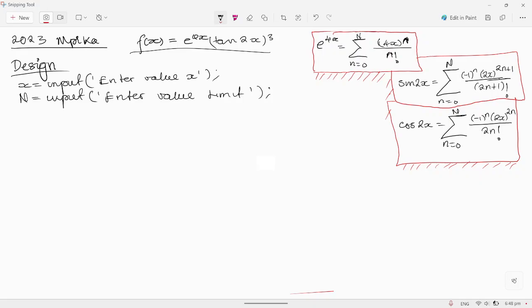And what other things do we need to predefine? Okay, we need to predefine the exponential. So I'm just going to say exp is equal to 0. Then cos 2x is equal to 0.